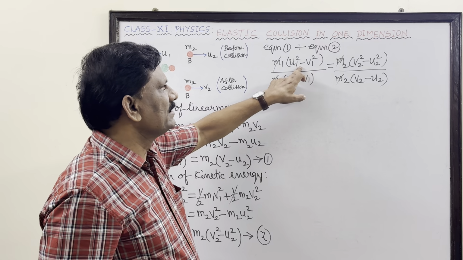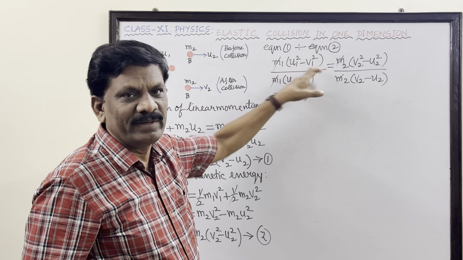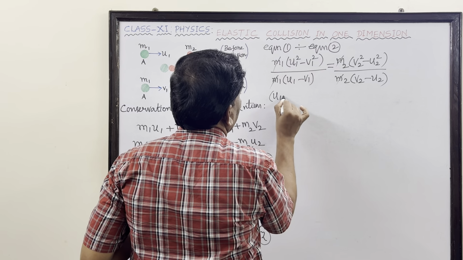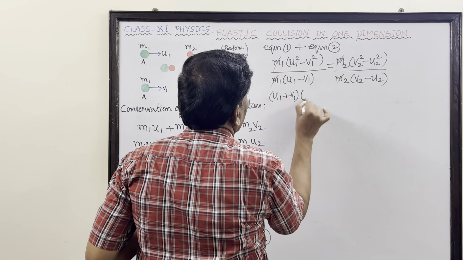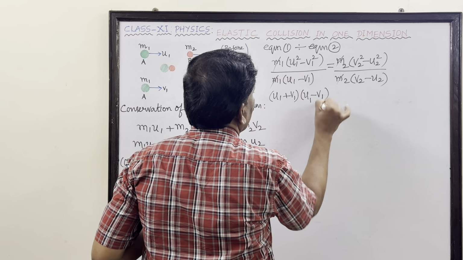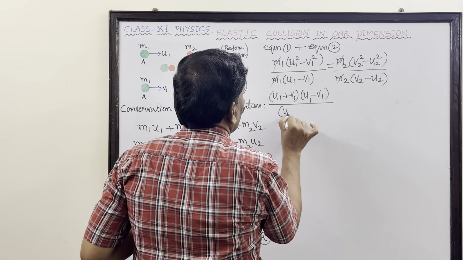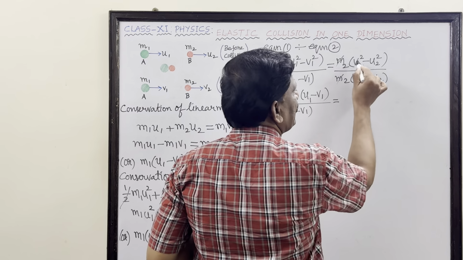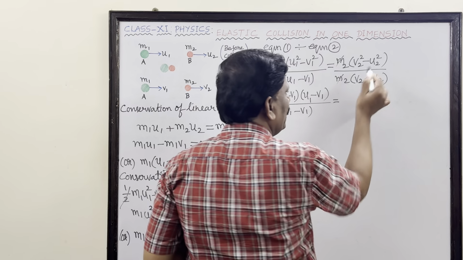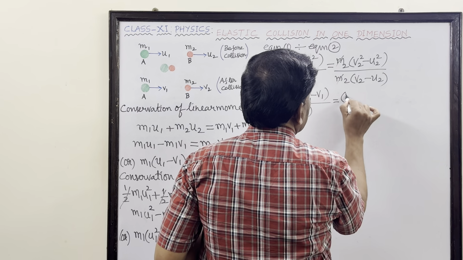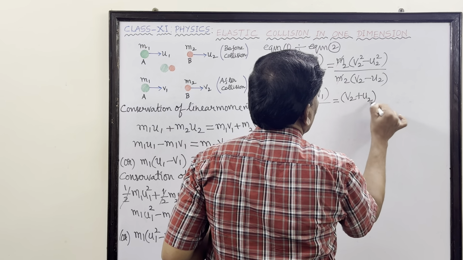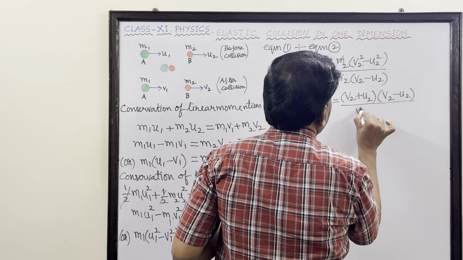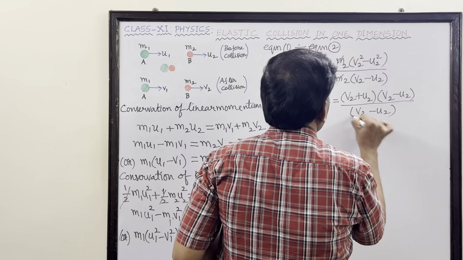The numerators are in a square minus b square format, so I write them as a plus b into a minus b: (u1 plus v1) multiplied by (u1 minus v1) divided by (u1 minus v1), equal to (v2 plus u2) into (v2 minus u2) divided by (v2 minus u2).